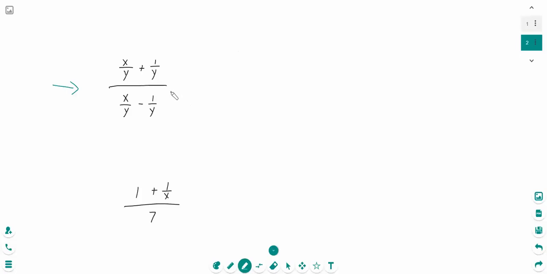If we were to use the same method we used before, you would say, okay, I'm going to take the numerator and I'm going to multiply it by the reciprocal of the denominator, and that should give me my answer. But you're going to come across a problem in this case, and that is, how do you find the reciprocal of this? Do you see why this denominator is a bit tricky? How can you find the reciprocal?